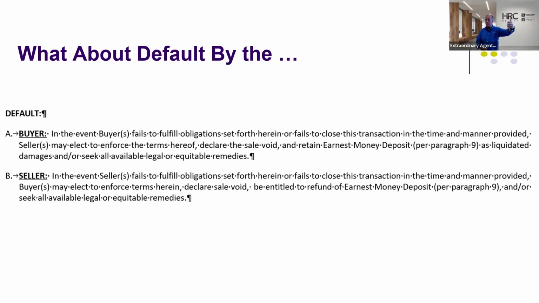We'd have to go after our commissions. But if the buyer were to default, we're representing the seller. Our listing contract says that we are able to keep up to 50%, I believe, of the earnest money deposit.